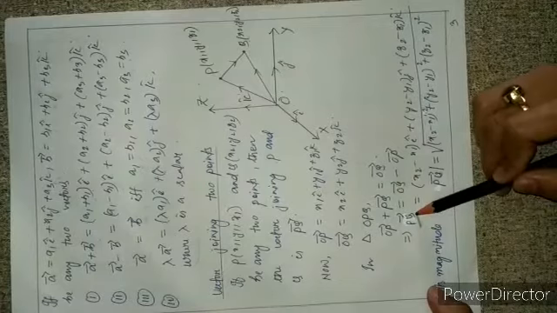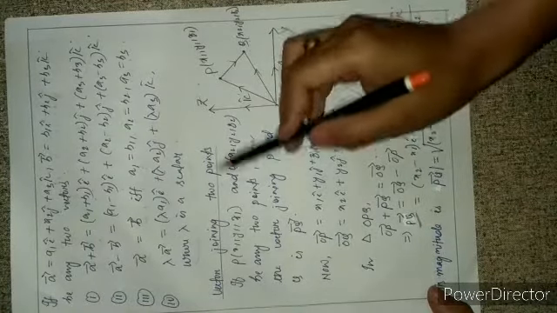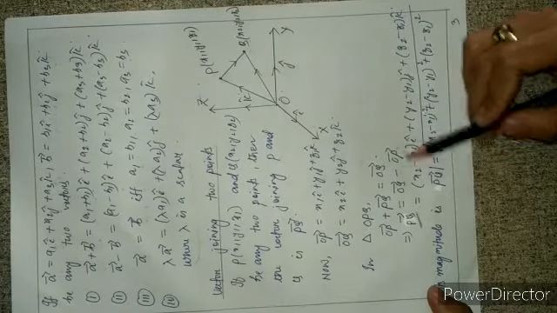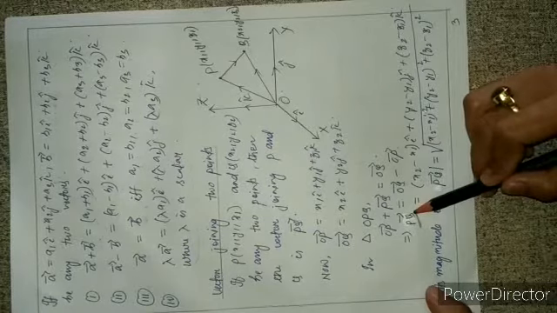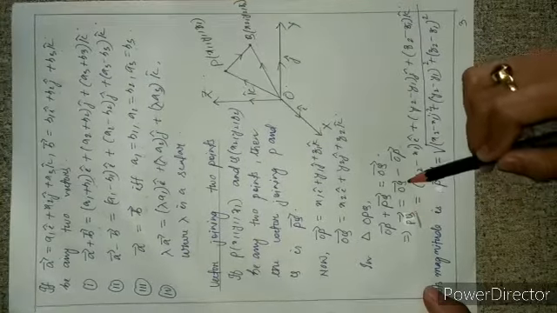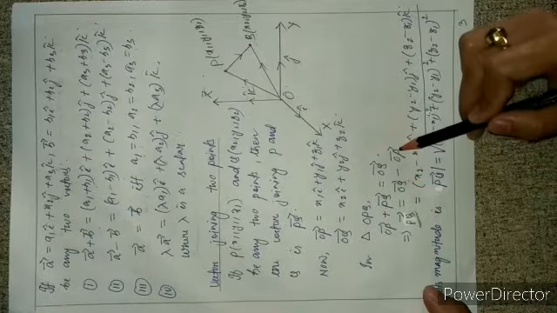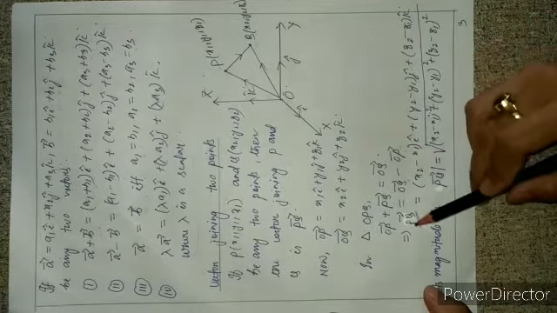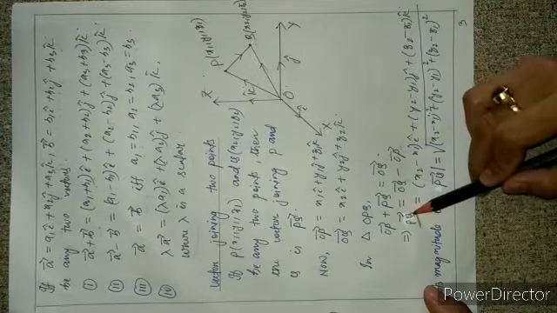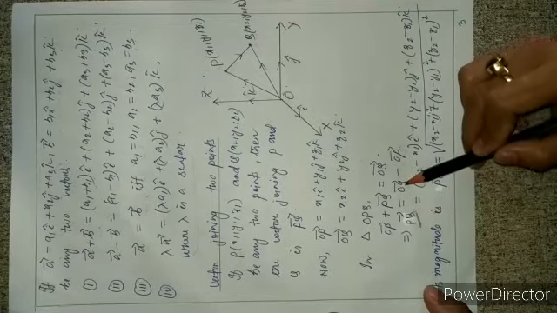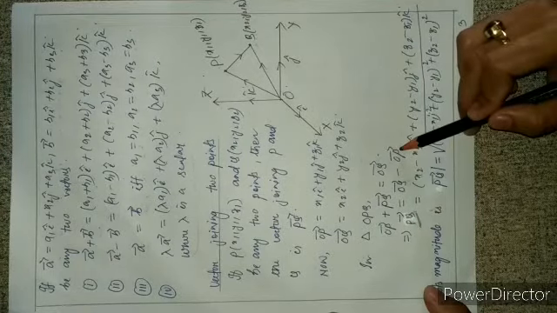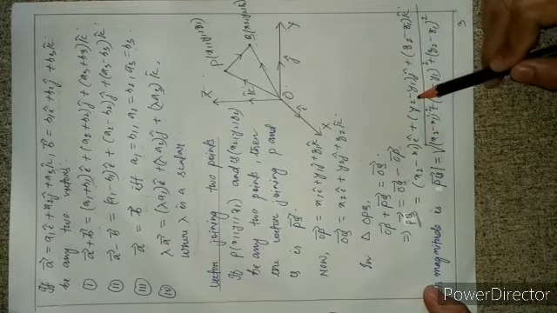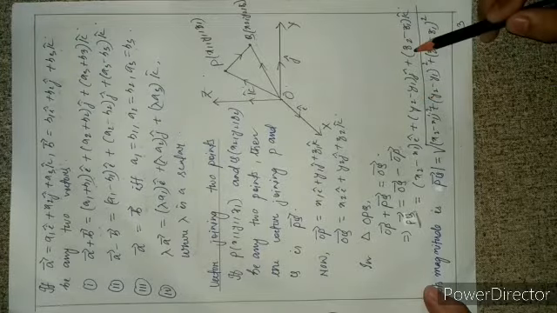The position vector of any vector joining any two points is given by the position vector of the terminal point minus the position vector of the initial point. Here, in PQ, P is the initial point and Q is the terminal point, so PQ vector is given by the position vector of Q minus the position vector of P, and subtracting these two we have x2 minus x1 i cap plus y2 minus y1 j cap plus z2 minus z1 k cap.